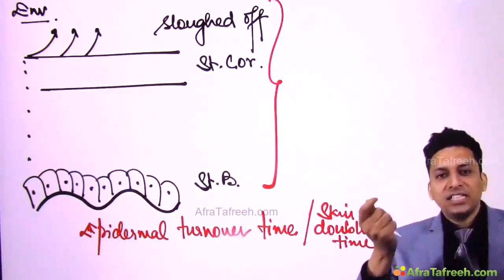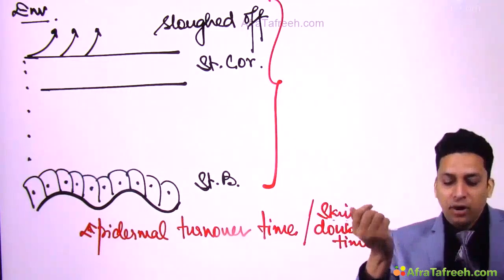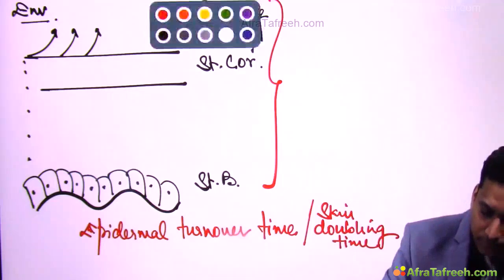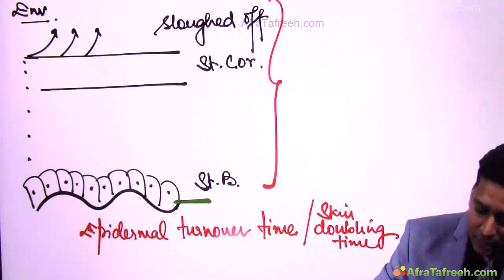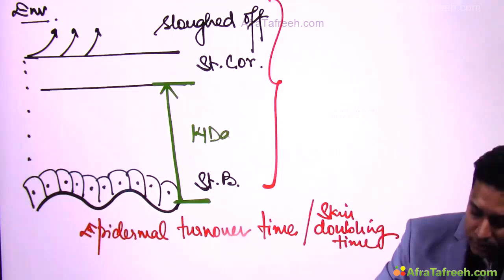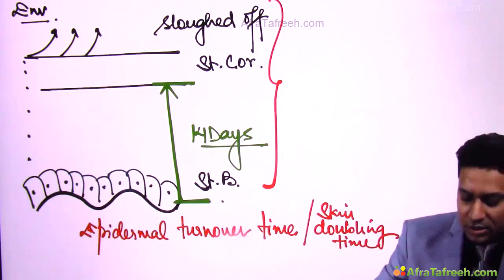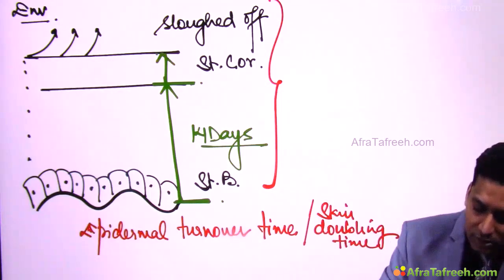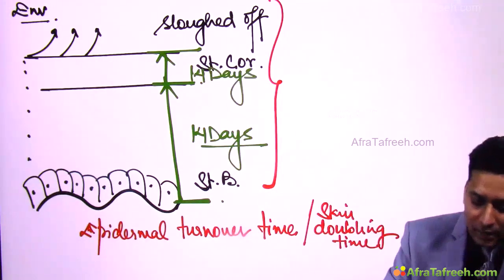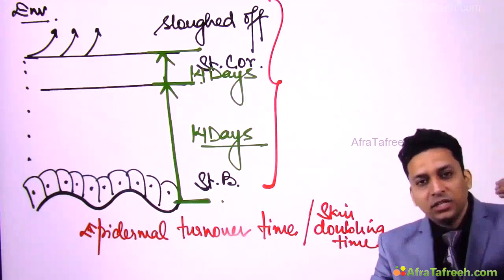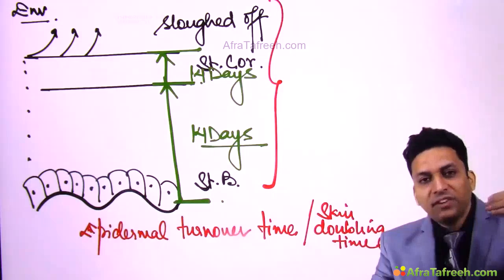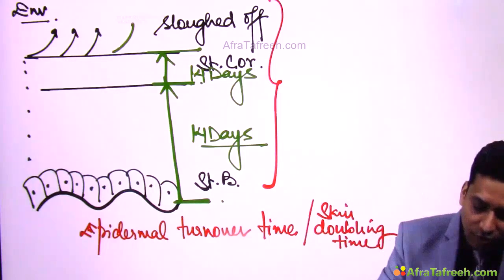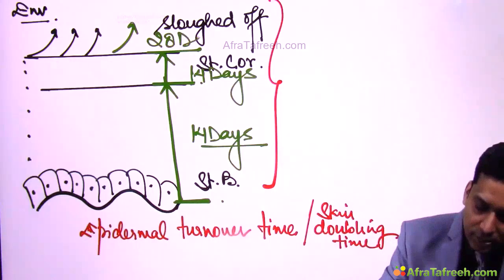Now with the help of various experiments, we tried to calculate this time, and we found that these cells which are present in stratum basale require around 14 days to move from stratum basale and reach the lowermost portion of stratum corneum. Then they require another 14 days to cross stratum corneum, and once they cross stratum corneum and reach the topmost portion, this sloughing off is a very gradual process, and this sloughing off requires another 28 days.